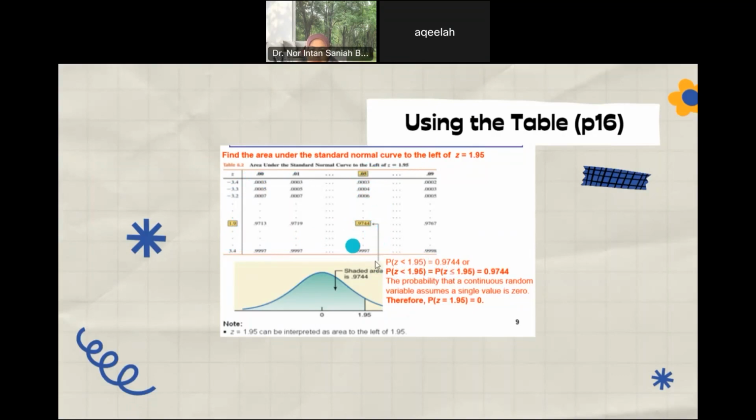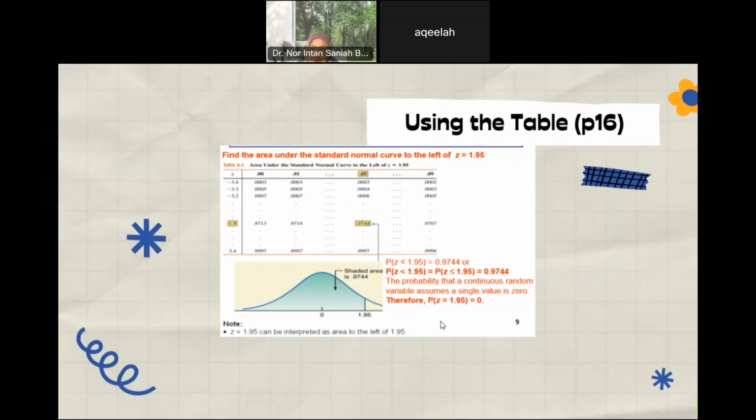We can also say probability Z less than or equal to 1.95, which gives the same value. This shows that the probability that a continuous random variable assumes a single value is 0.